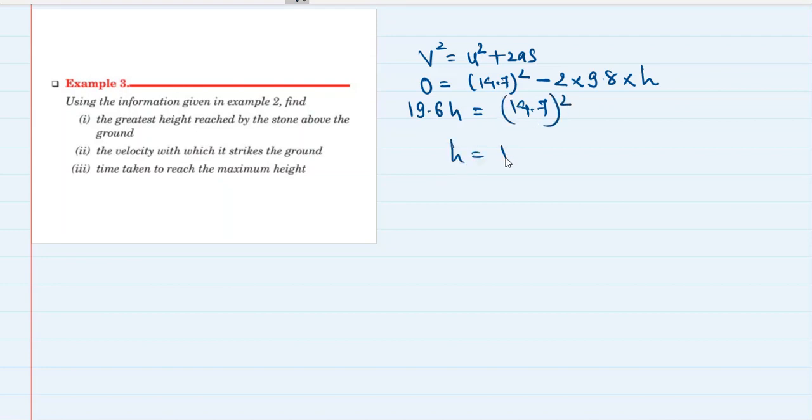So H is equal to 14.7 square, that is 14.7 multiplied by 14.7 upon 19.6. Let's calculate. Please do the calculation in the meanwhile.